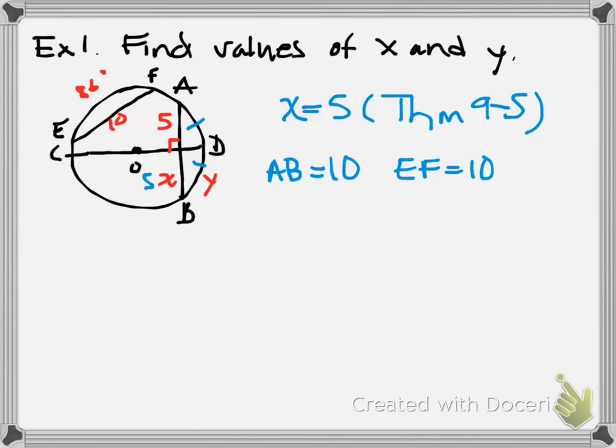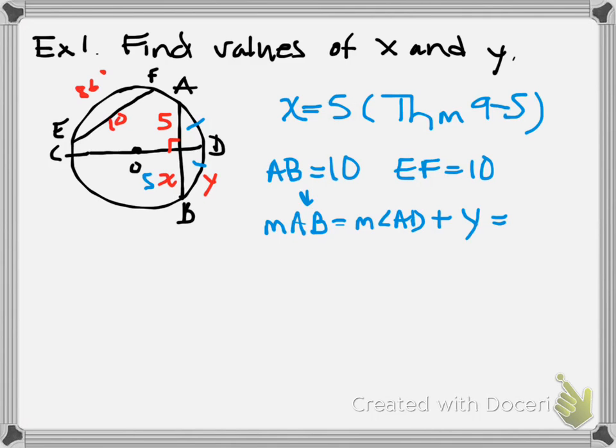So AB's arc would be equal to the measure of arc AD plus the measure of, we'll just call it Y. But based on theorem 9.5, the measure of arc AD and Y are the same thing.